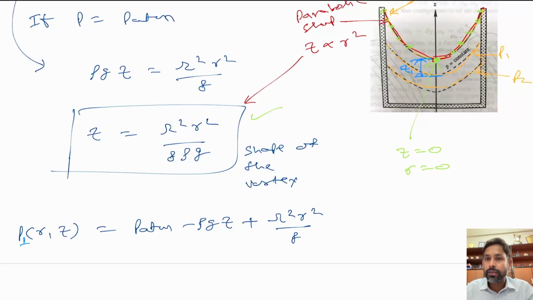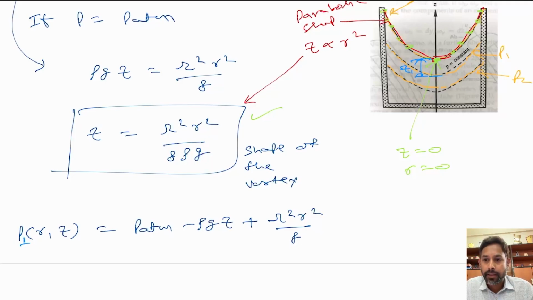So these are all your constant pressure lines, and you can see they are all in the form of a parabola, and the location shifts downward because of different z value. So this is the shape of the vortex that you get from this equation, and also the pressure distribution within the vortex, and based on this you can figure out the maximum pressure at the bottom, the pressure at the middle, or the pressure above.